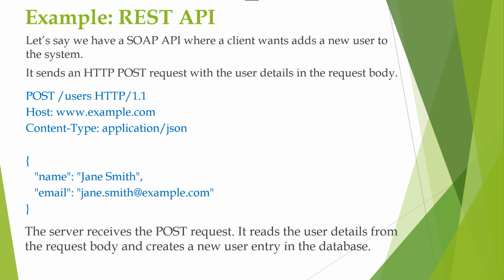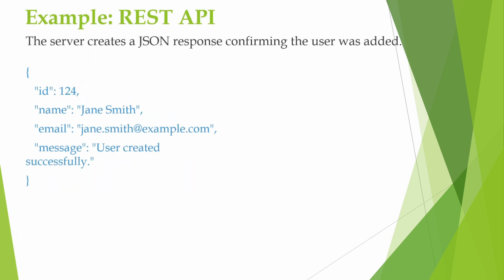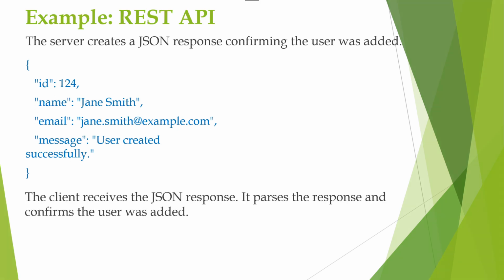Then it creates a new user entry in the database, and then the server creates a JSON response confirming the user was added. The JSON response would look something like this. Once the response has been received by the client, it processes the response and confirms the user was added.